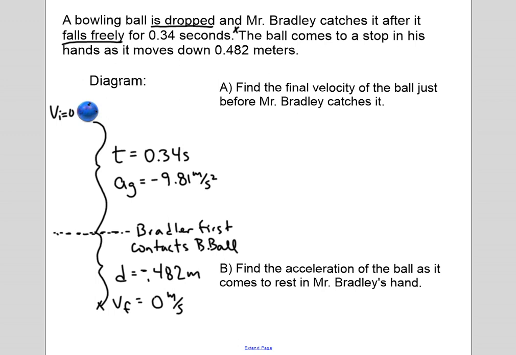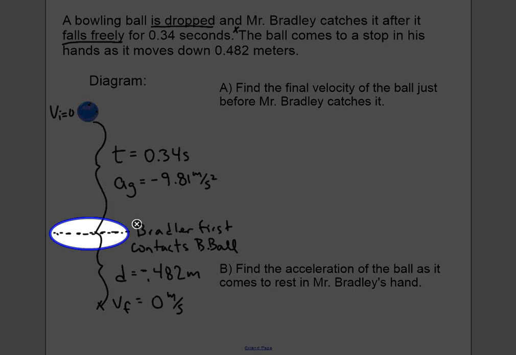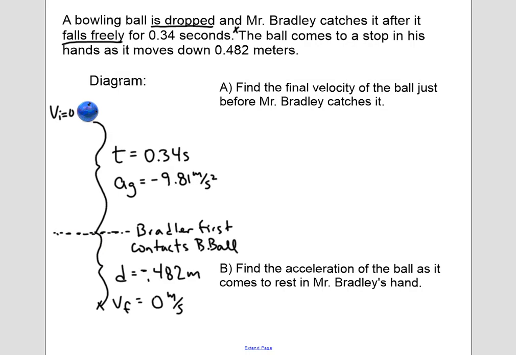A says, find the final velocity of the ball just before Mr. Bradley catches it. Well, that is right here. If we knew enough information about the interval while it's stopping from here to here, we'd be looking for Vi. But we only have two pieces of information, the displacement and Vf.